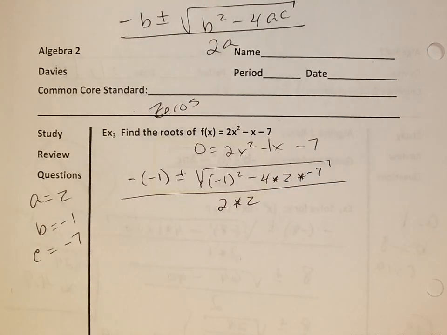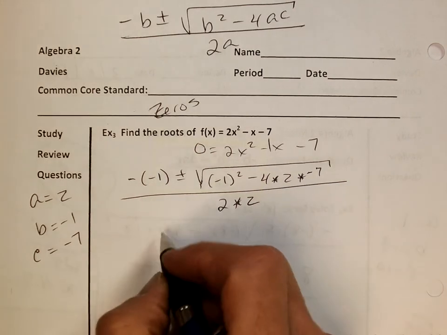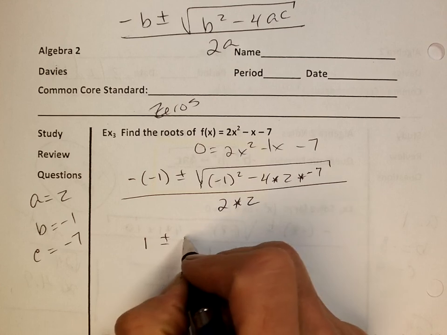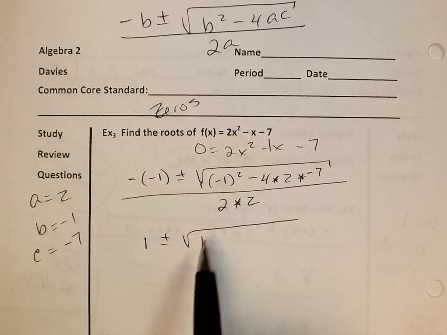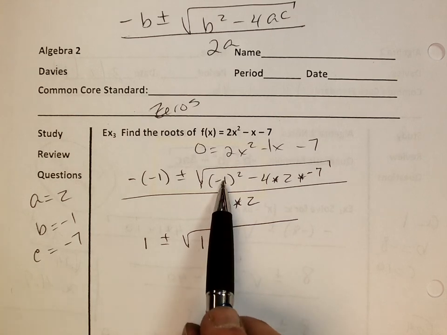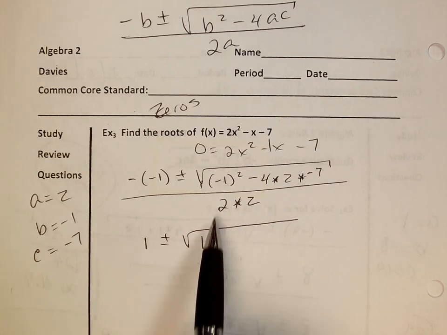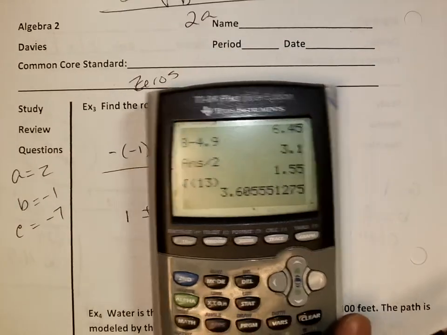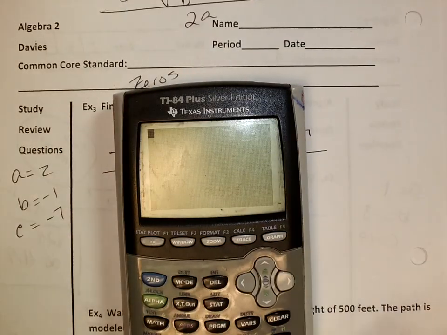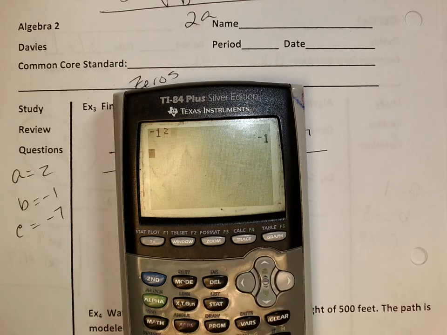So far, so good? So then let's just simplify this. Double negative is a positive 1 plus or minus the square root of positive 1. Don't forget, this must be positive. You square a negative and it's always positive, right? This is where kids make a mistake, is they use their calculator. I'm going to show you real quickly on the calculator. Can you guys see out of the glare? Kids do this. They'll go -1 squared, right? Is the calculator wrong?